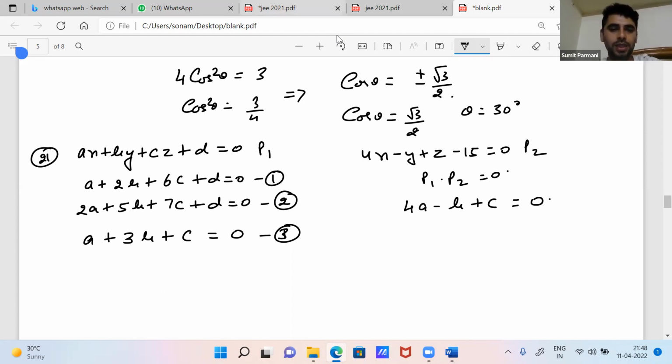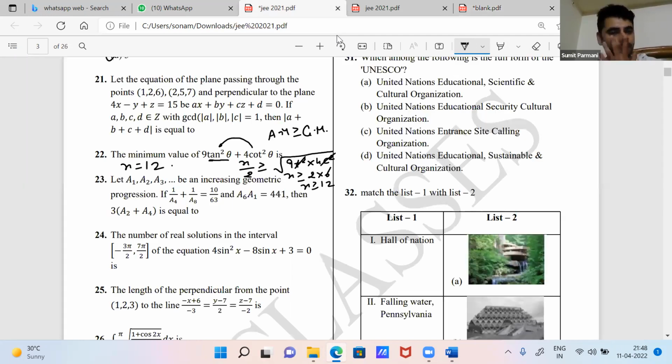What is the last part? If A, B, C, D belong to complex and GCD of this, mod of A plus B plus C plus D. Where is D gone?